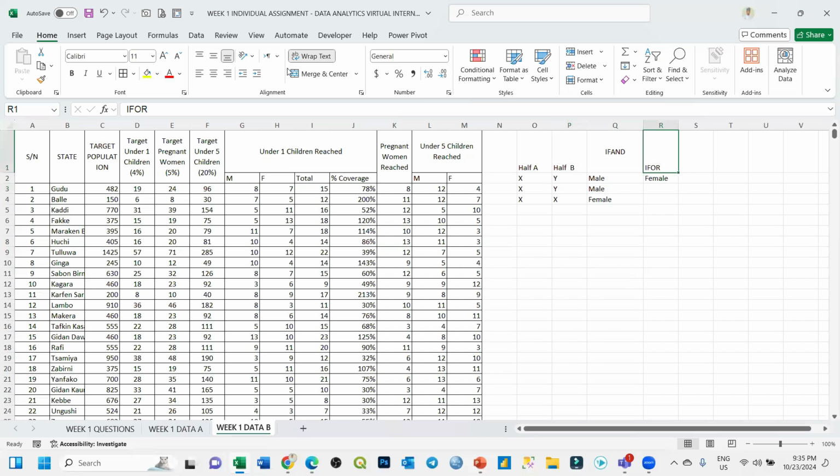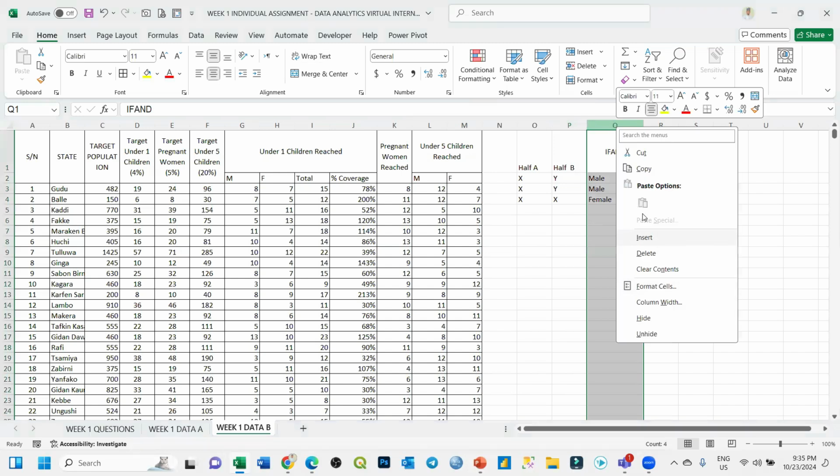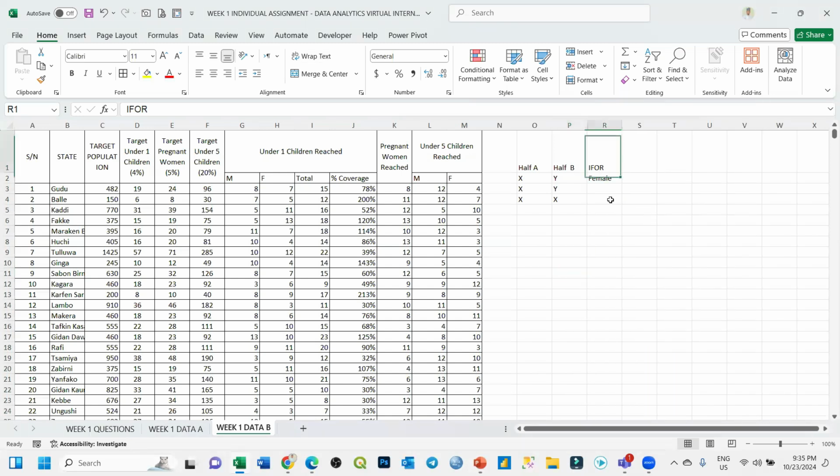Let me hide this one so that you will see what we're doing. So we are on this IF OR. If I turn it to Y, it will give us female. If I turn this one to Y also, it gives us male, because all the values are false.